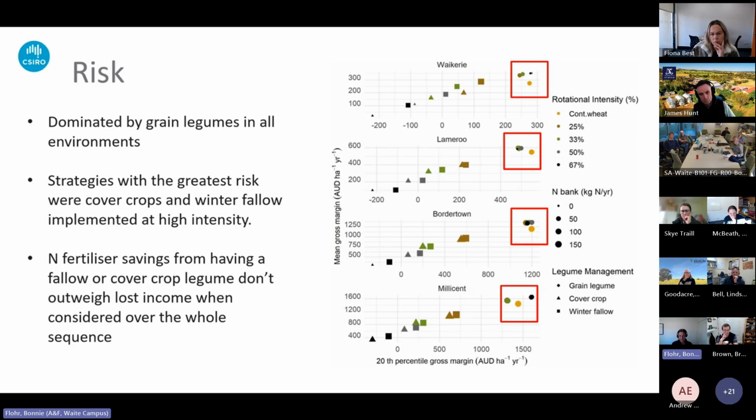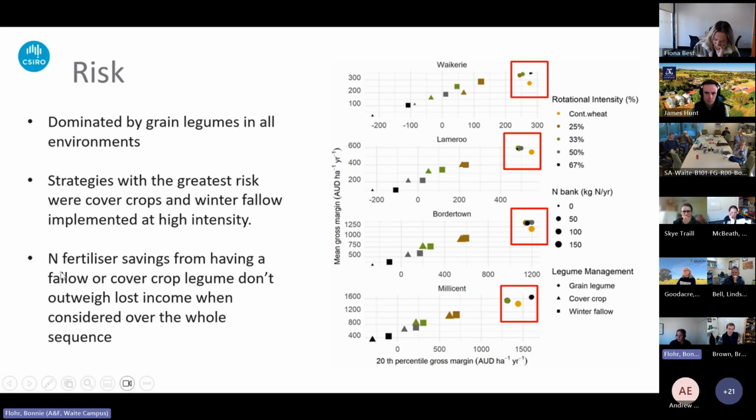And I've put a red box around those. So all the scenarios in those boxes tended to be dominated by grain legumes in all environments, with strategies with the greatest risk being cover crops and winter fallows implemented at high intensity, which are in the opposite corner of those panels.